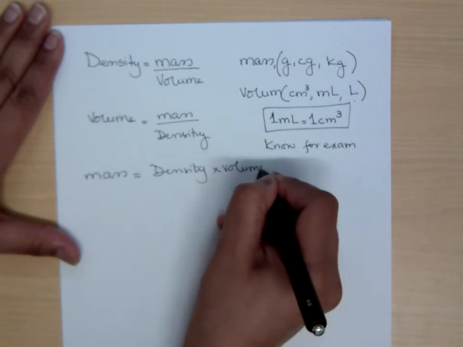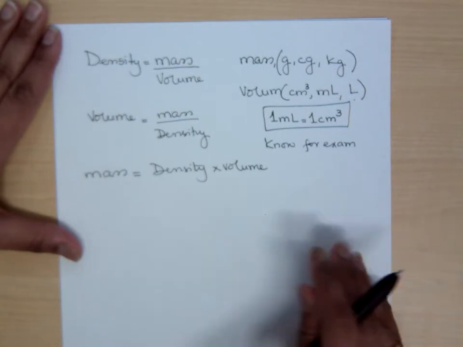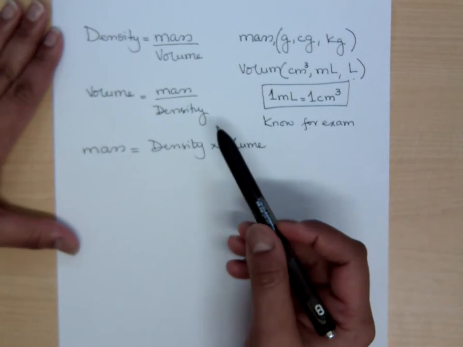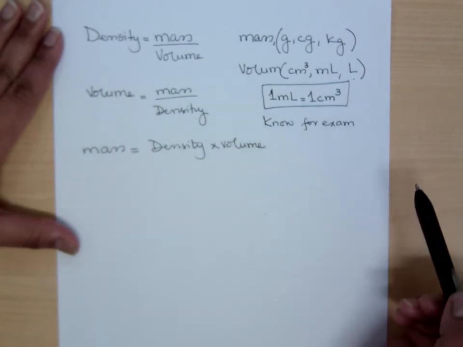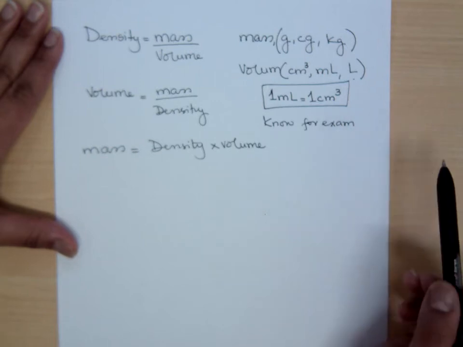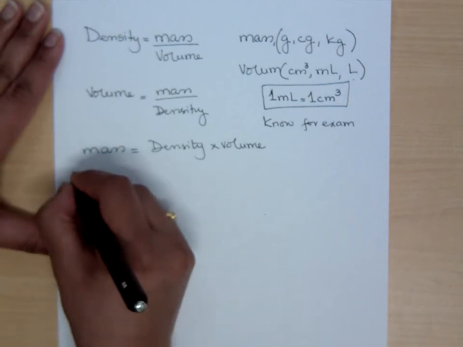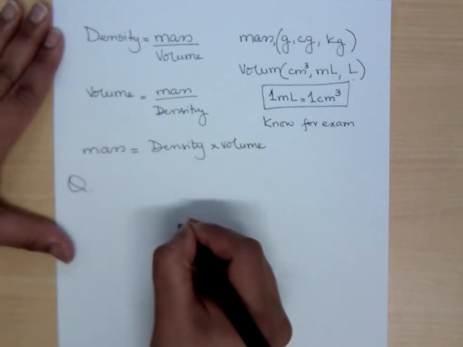In all cases, make sure that you check the units because they will help you decide which type of equation you are using. They might even state a unit conversion with a density problem. Now, let's look at a sample question from density relationship.